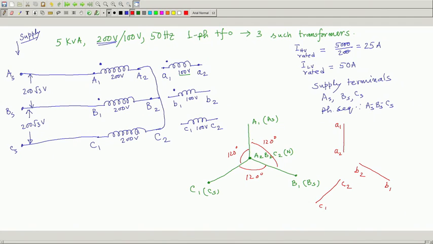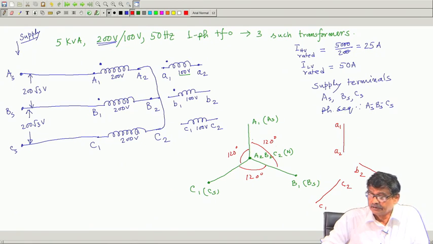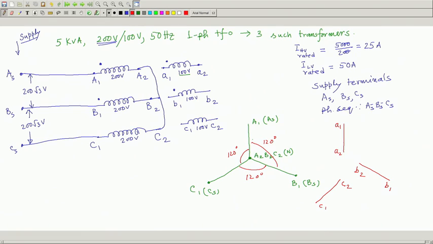If you connect voltmeters or see in the oscilloscope, you will find 3 voltages across the secondary terminals which are 120 degrees apart, because B1 B2 is parallel to this and C1 C2 is parallel to this. The angle between these two is 120 degrees, here also the angle between these two is 120 degrees, and so on.